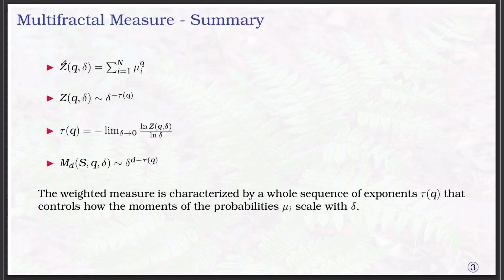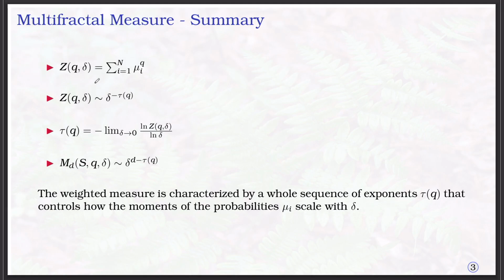Now this z of q comma delta, we can call the partition function. That means the sum of mu i power q gives the total mass with respect to the moment q, which we call the partition function.